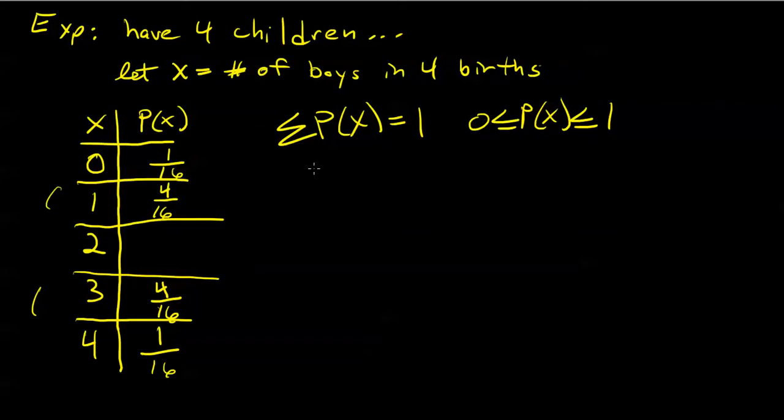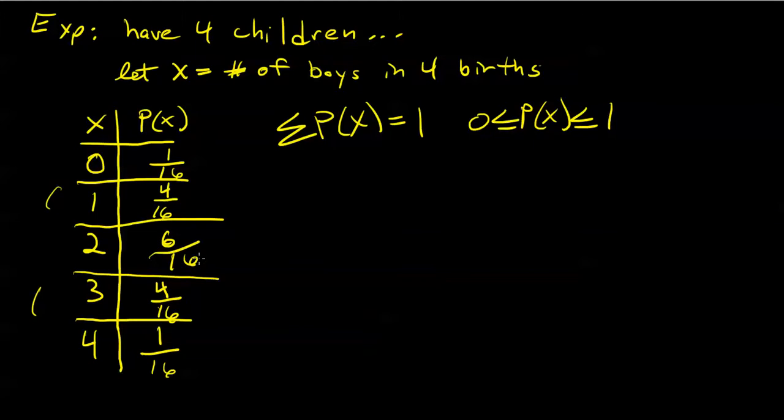Alright, so what I can do is add up these fractions and subtract from 1 because I know this column has to add up to positive 1. So I can then claim the probability that X is 2 is going to be 6/16 to meet this requirement that all the probabilities have to equal 1.